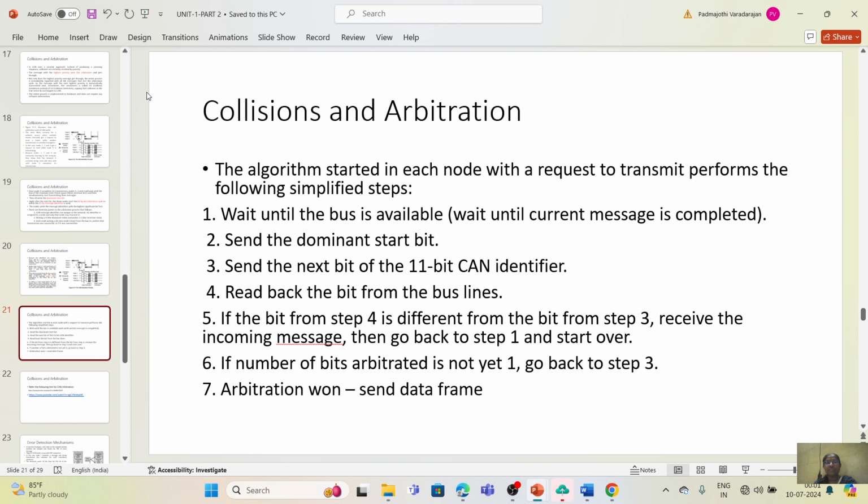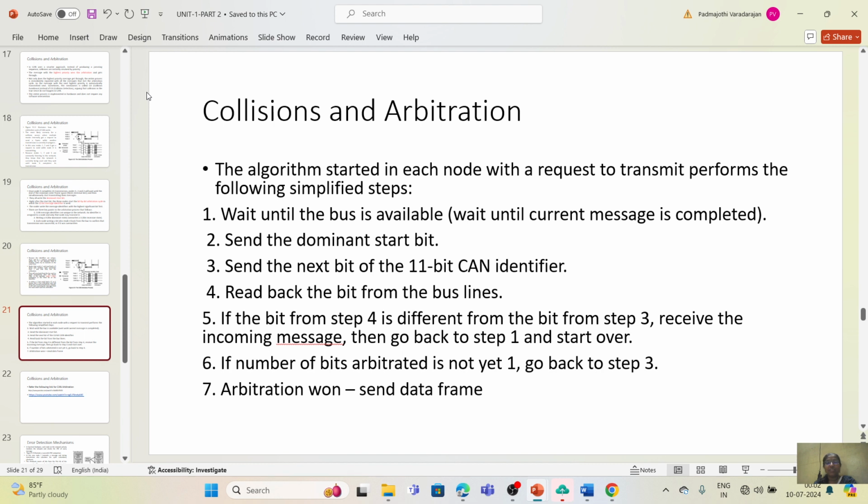It performs the following simplified steps. Step 1: wait until the bus is available. Step 2: send the dominant start bit. Step 3: send the next bit of the 11-bit CAN identifier. Step 4: read back the bit from the bus lines. If the bit from step 4 is different from the bit from step 3, receive the incoming message, then go back to step 1 and start over.